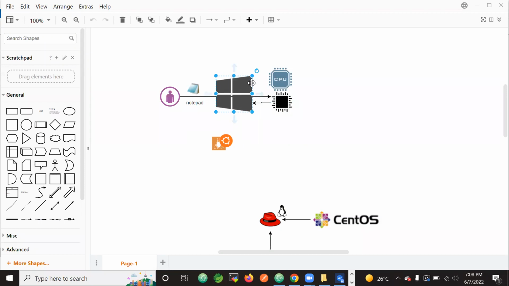So what is an operating system? An operating system is software installed on the hardware resources of a computer, machine, or device. You can take your ATM machine, your mobile phone, Android or Apple phones, whatever. The phones or machines are manufactured with hardware resources like CPU and memory. But as a user, you cannot directly work with the CPU and memory.